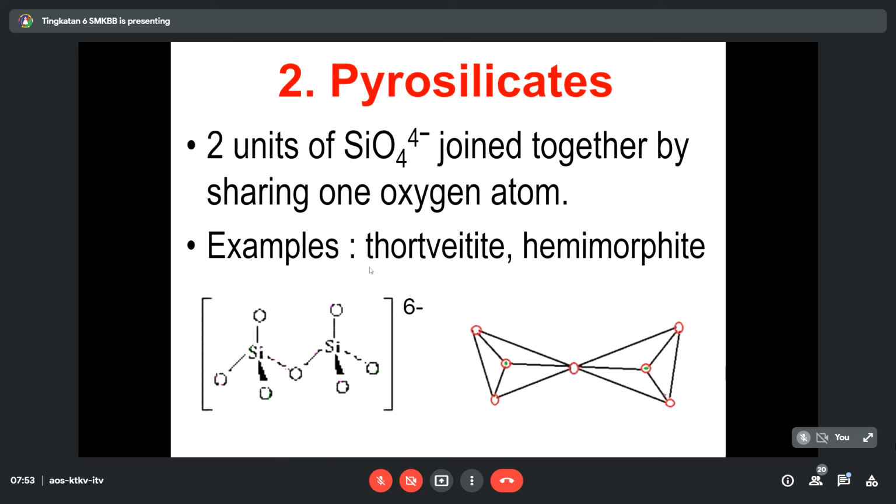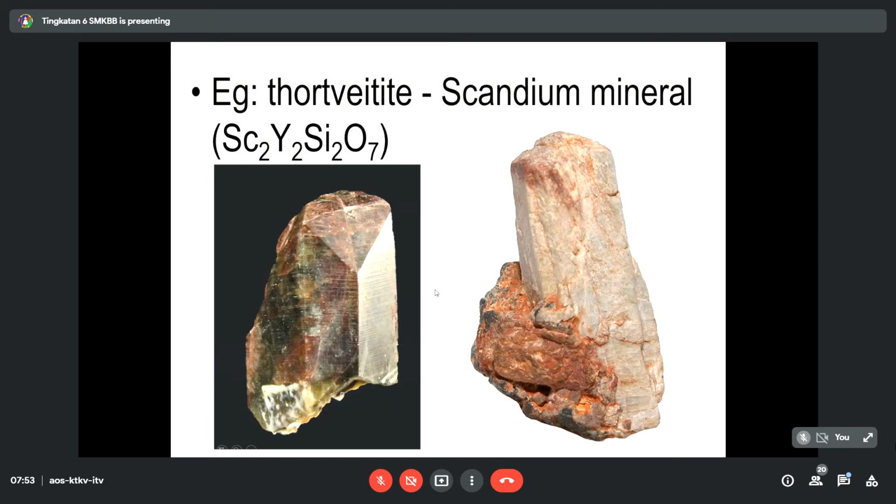So the 2 examples. If you ask me how to pronounce them, I may not pronounce them correctly, so you pronounce them yourself. Of course, they're all rocks. To us, they look like rocks, that's all.